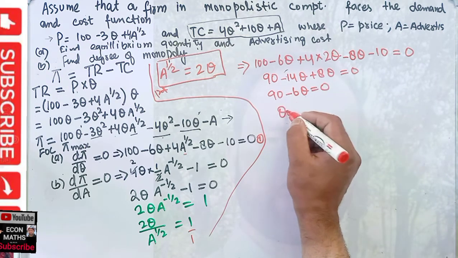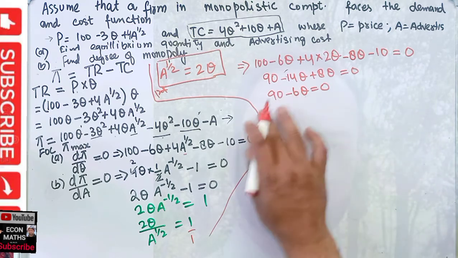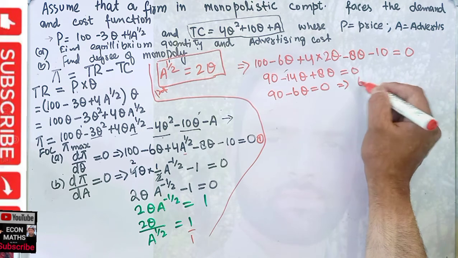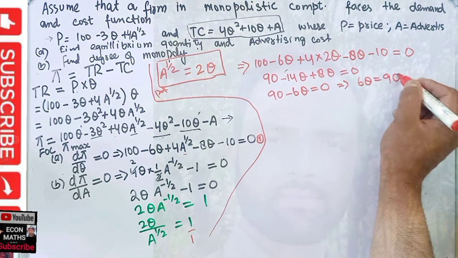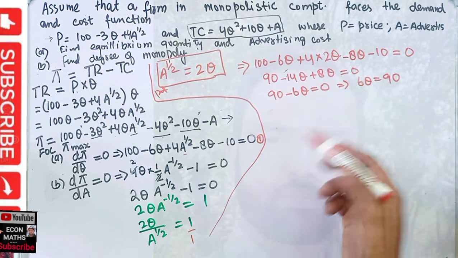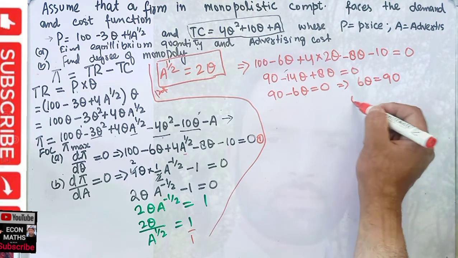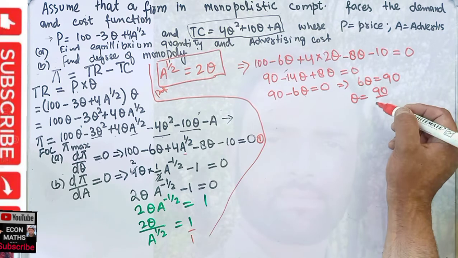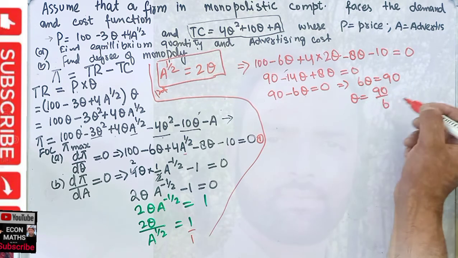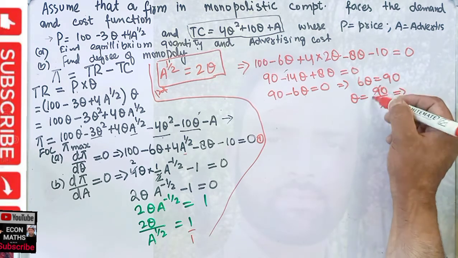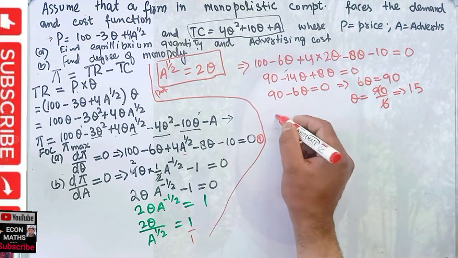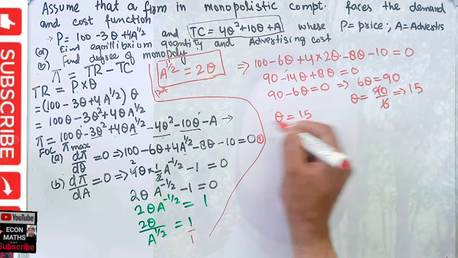Now solving for q, to make it simpler, 6q is equal to 90. I just transposed this minus 6q on the RHS and it became positive, or q is equal to 90 divided by 6. So 6 ones are 6, 7, 8, 9, 3 6 5s are 30. So the equilibrium quantity would be equal to 15.